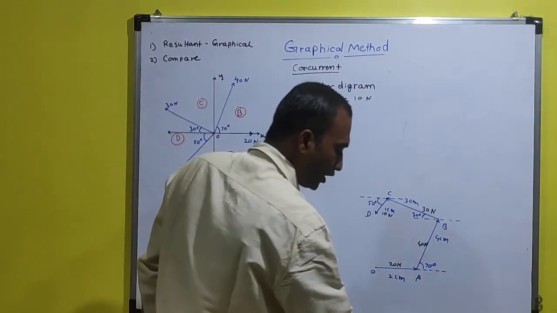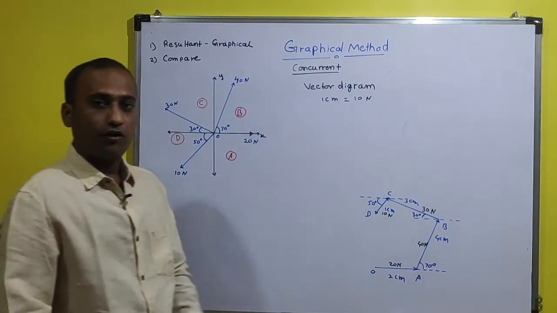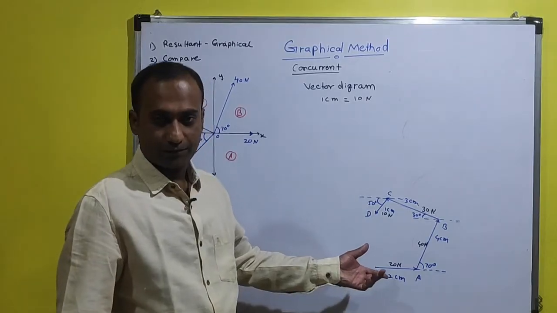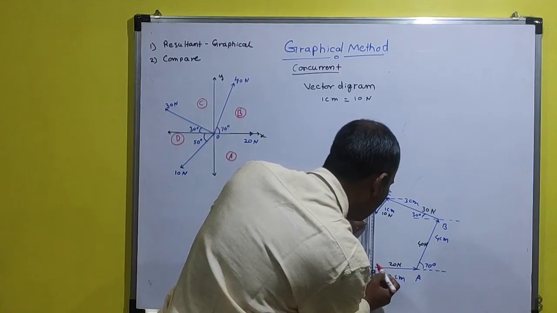Now the next thing, we have to complete this polygon from where we have started. We have to draw a closing line. So let's draw a closing line.